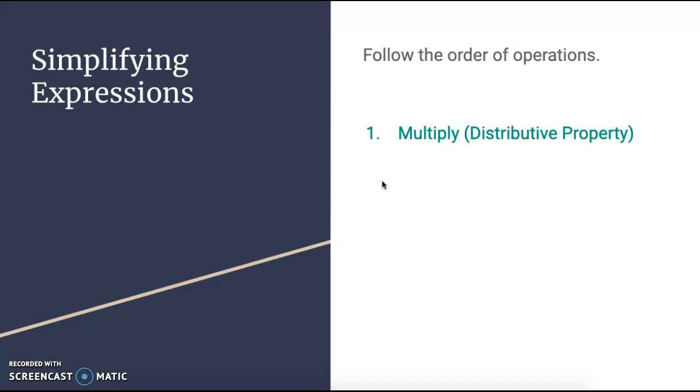We multiply, which means that we use the distributive property that we learned about last week. And then next, we add and subtract, which means that we combine like terms like we learned about 2 weeks ago. Okay, so step 1 is always to multiply. Step 2 is always to add and subtract. It does not matter what order the expression is written in. You are always going to multiply first and add and subtract second.